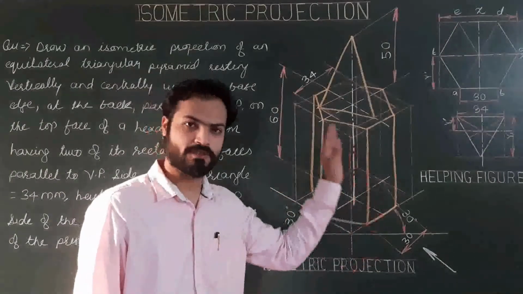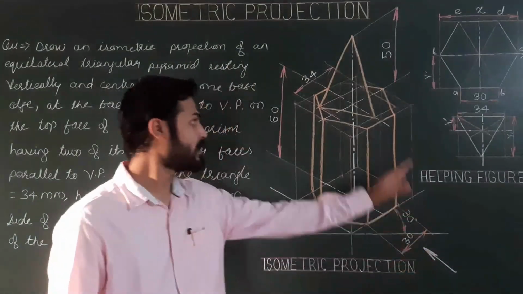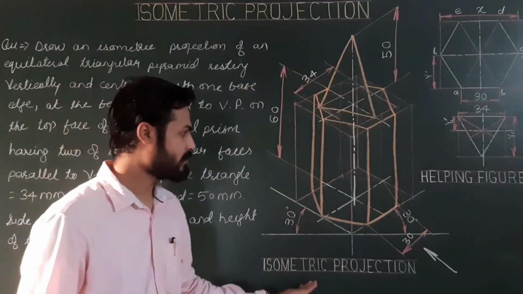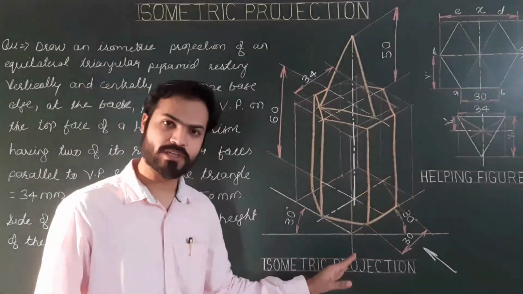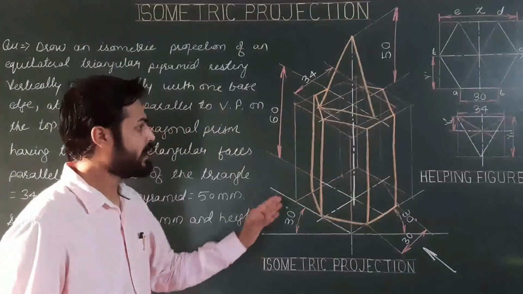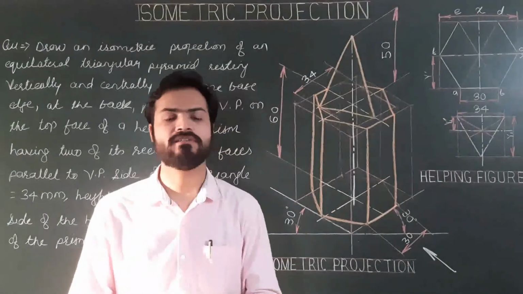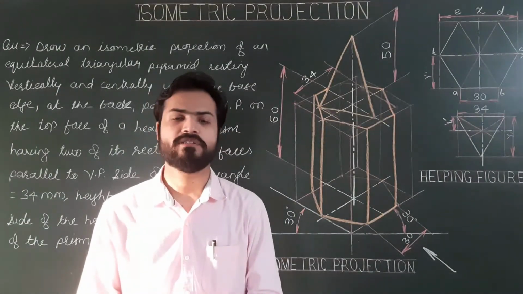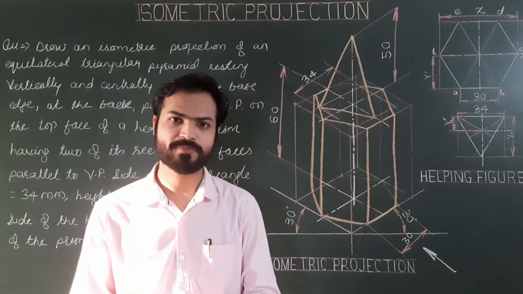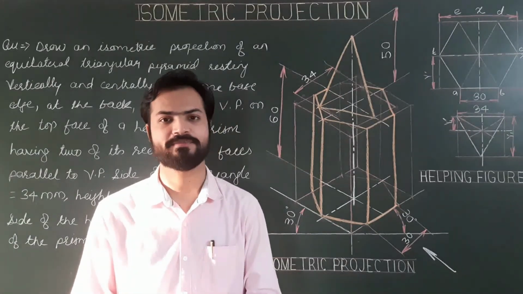So, please draw this projection in your sheet indicating direction of observation. Do all dimensioning. Write both headings in single stroke letter writing of height 5, 8 or 10 mm. And if you have any problem regarding this question or any other question or topic in engineering graphics, please write your doubts and comments in the comment section. Thank you.